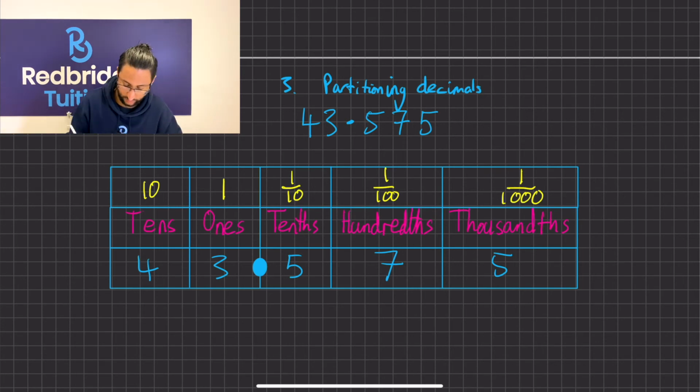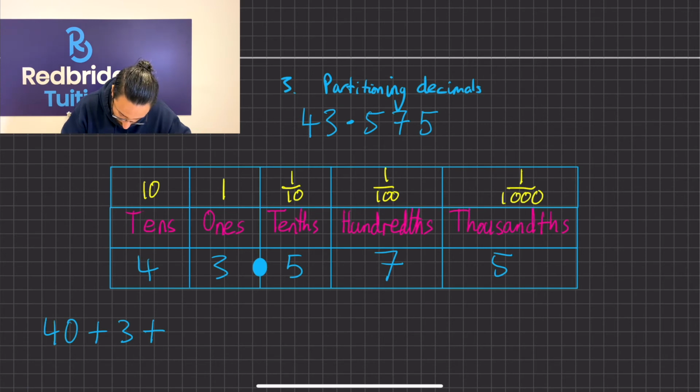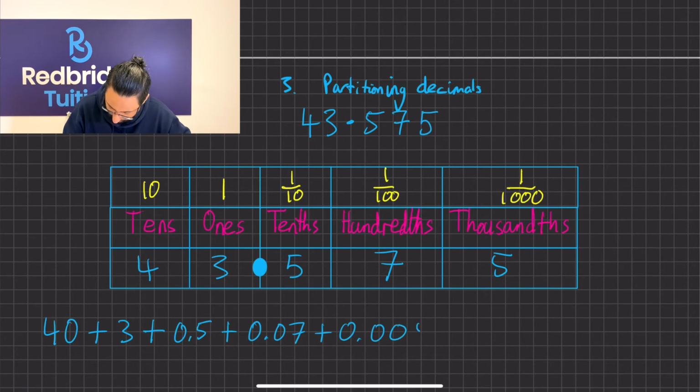So let's just lay this one out quickly. So we're going to have 40 plus 3 plus 0.5 plus 0.07 plus 0.005.